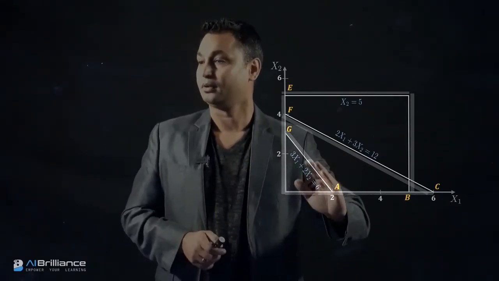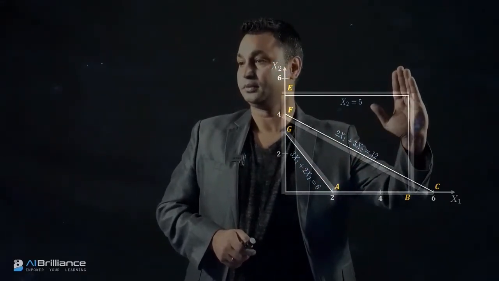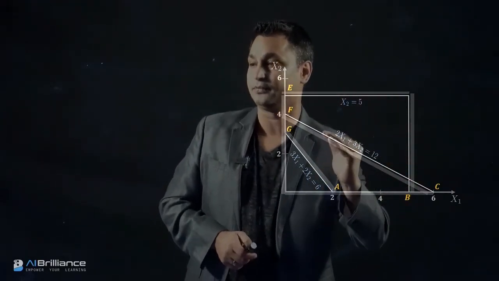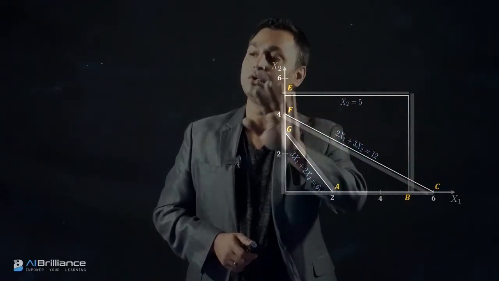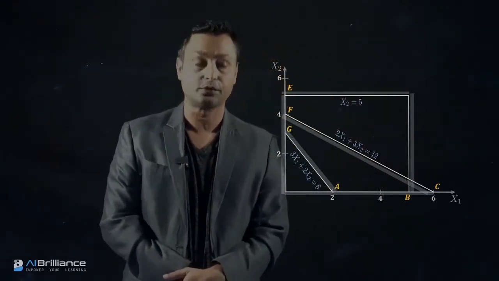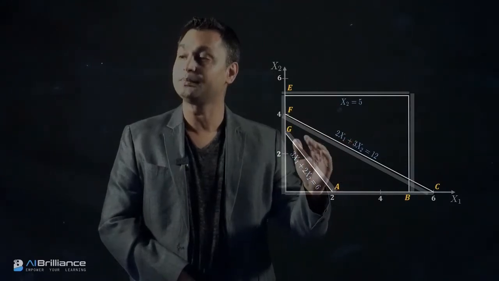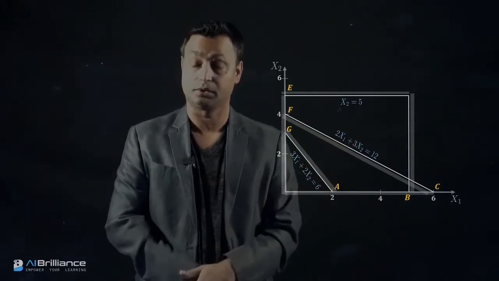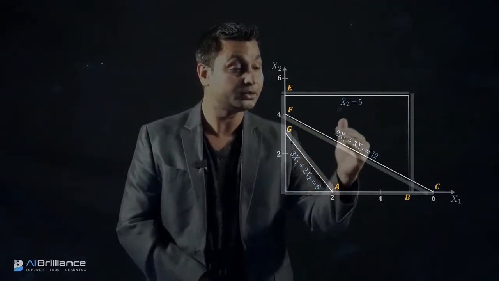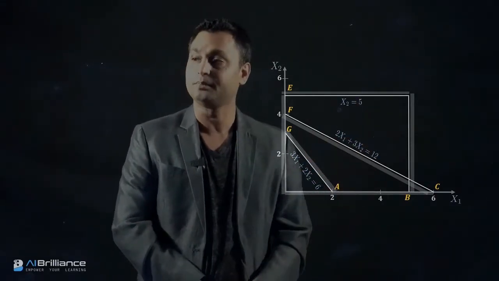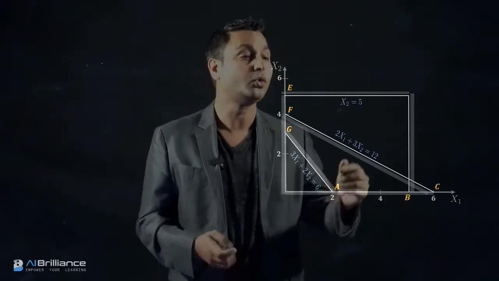Because everything above this is infeasible, so this whole area is infeasible, and according to this constraint, everything below this is feasible. So this whole square region, which was feasible because of the four constraints on the x1 and x2 variables, becomes infeasible because of these two constraints. Simultaneously, these two constraints acting makes this whole problem infeasible. So there is no feasible solution.